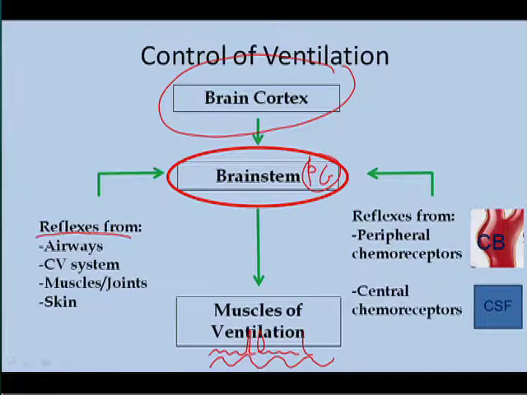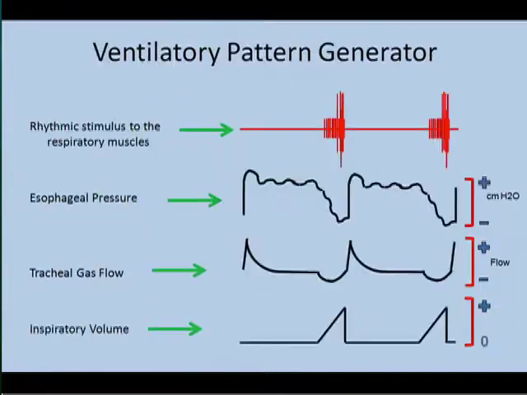Perhaps more significant are the peripheral and central chemoreceptors that provide feedback to the brainstem as to the current state of gas exchange. As you recently saw, a rise in alveolar ventilation and thereby a rise in minute ventilation will follow a drop in PaO2 or a rise in PaCO2. We'll discuss this in more detail shortly.